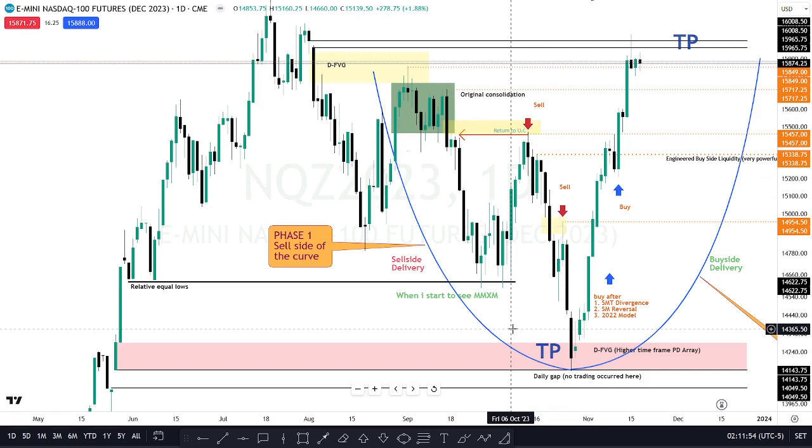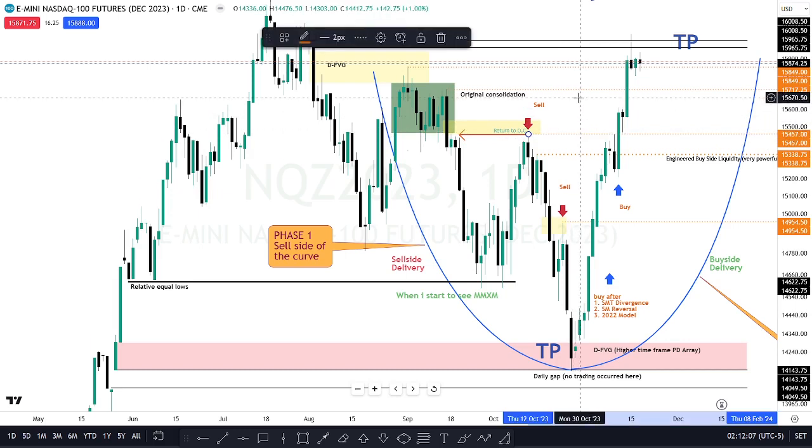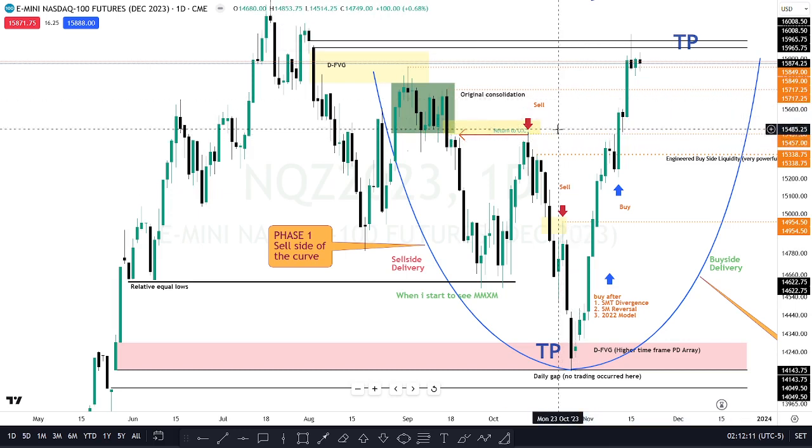And if you are more advanced, let's just measure this. If you're more advanced, you would take your entry here. What's going on with the shift here?